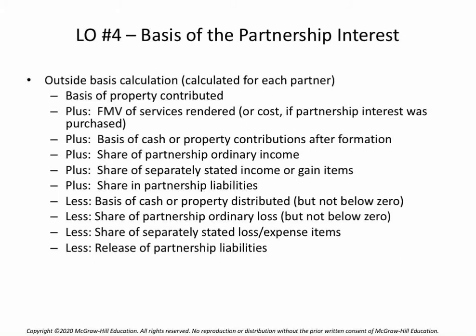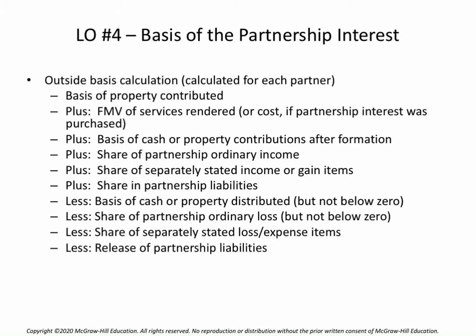So we're also going to increase for the share of separately stated income and gain items, and then the share in partnership liabilities. We're going to subtract out, however, the basis of cash or property distributed, and that's going to be capped at 0. So we can never have a negative basis in our partnership interest. We're also going to subtract out the share of the partnership's ordinary losses. And again, that's going to be capped at 0, so we can never have negative basis in that partnership interest.